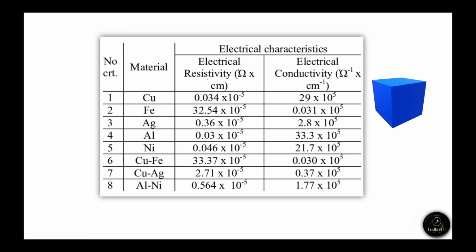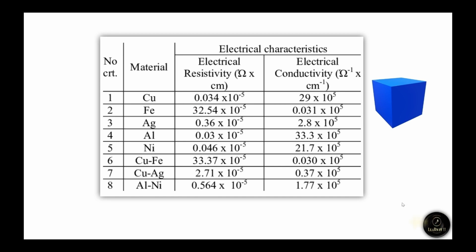With respect to copper it is 0.034, all are having a power of minus 5, so we can ignore that. Iron has more resistivity than copper. Because of this, we use copper in household wiring, not iron, because there would be dissipation of energy by the iron.